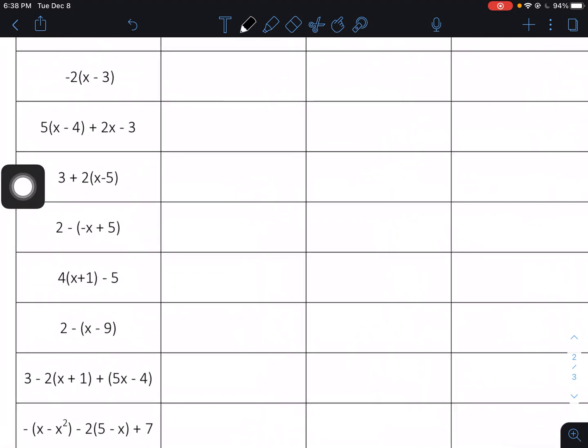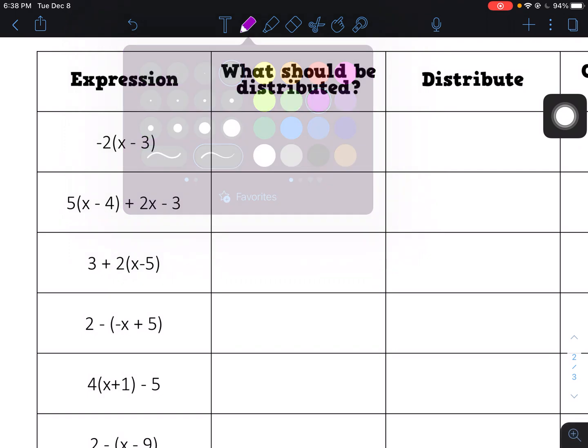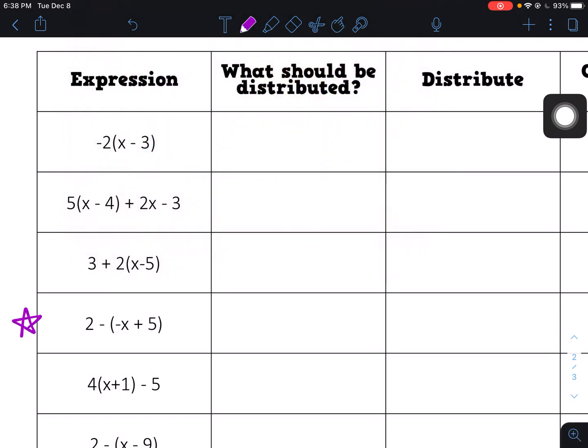So the first question for these problems is, take a look at your problem and decide what should be distributed. If we take a look at this problem here, notice we don't have a number in front, so I can put a 1 there. So we can distribute a -1 to start.